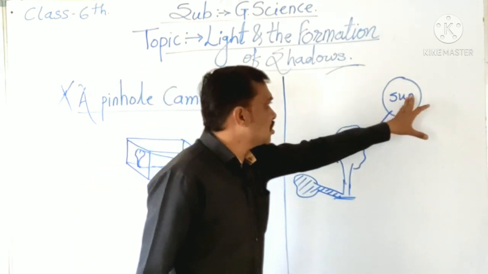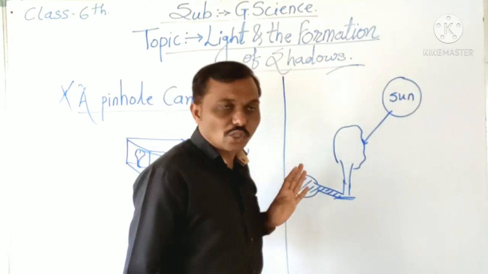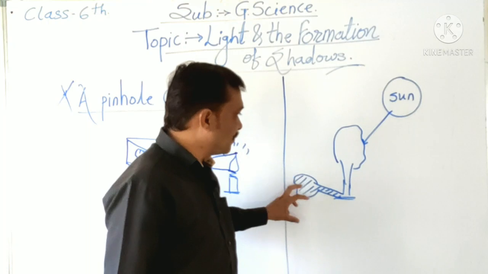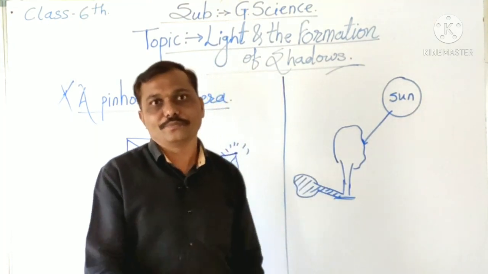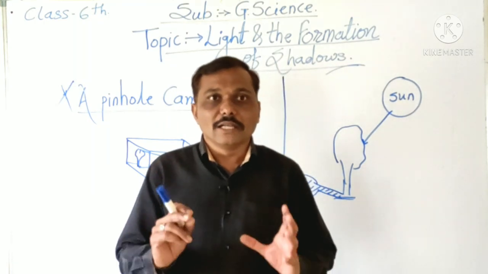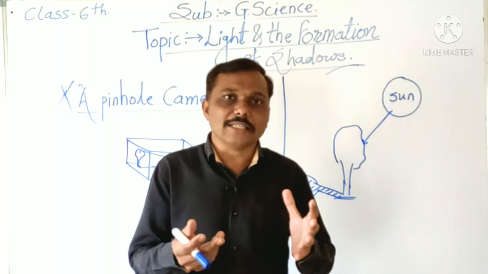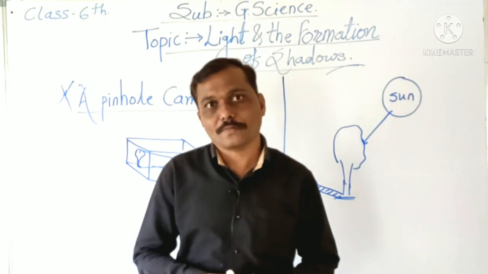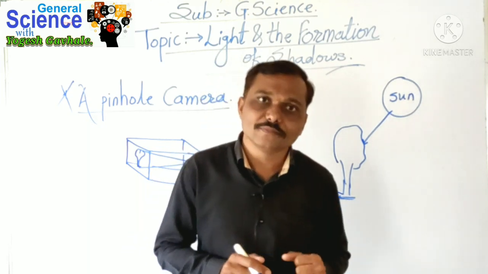So when an opaque object comes in the way of the source of light, it forms a darkness behind it. Such a darkness is called a shadow. So how is a shadow formed? Let's see the formation of shadow. For that you can do one activity at your home.